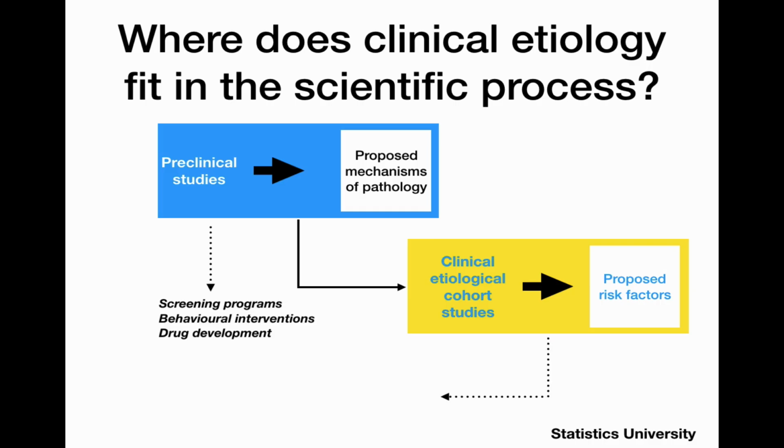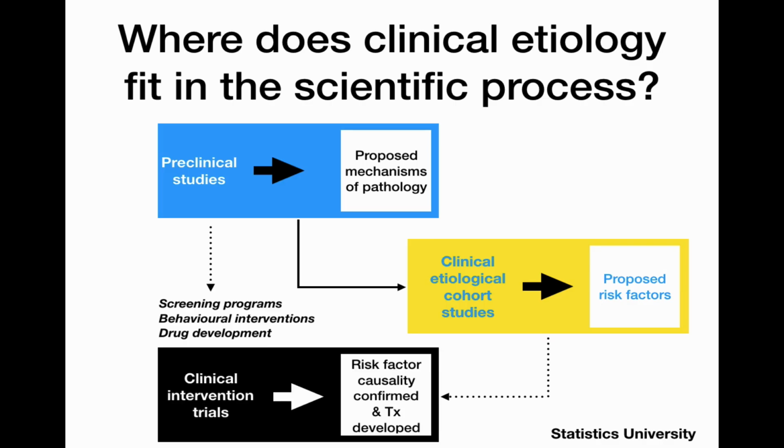And eventually, this feeds into the development of new therapeutic options through screening programs, behavioral interventions, and drug development, where if a therapeutic option has been discovered that helps to mitigate disease through the proposed mechanisms of pathology and risk factors, the real risk factor causality can be confirmed.